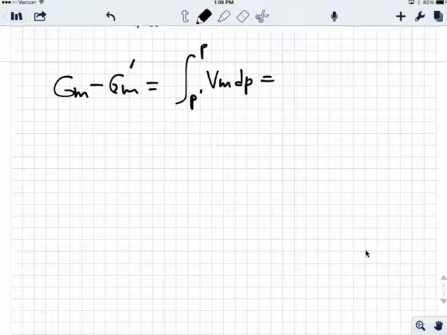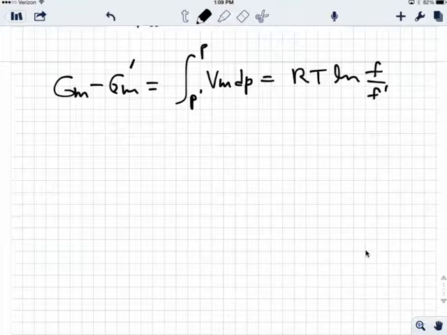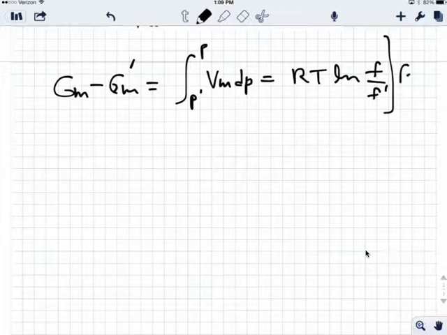It turns out this is equal to, for a real gas, RT natural log, and since it's a real gas, we're going to use the term fugacity. And so fugacity at pressure P and fugacity prime at P prime. So we're going to say this is real.